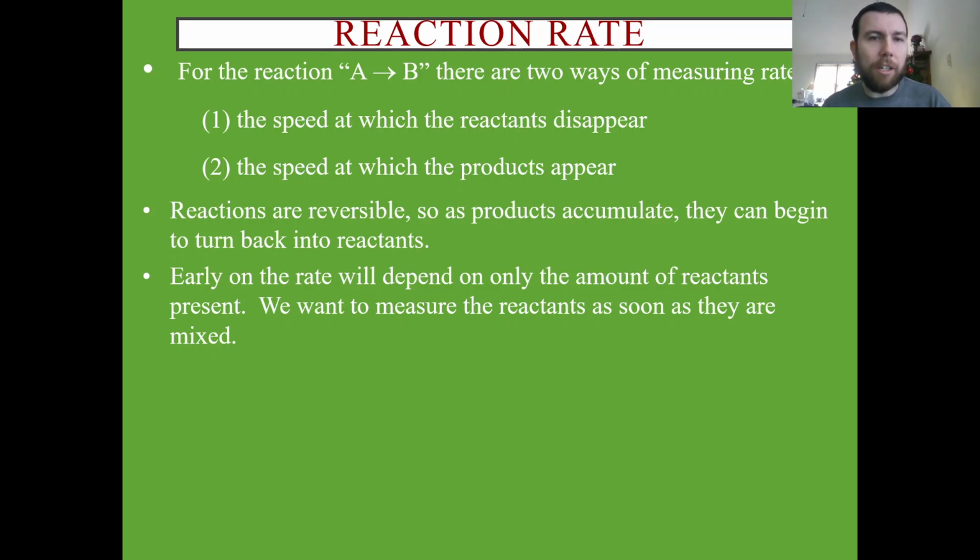Obviously, in this particular process, we've only got one reactant going to one product, so it's a little bit more difficult there. But when you have multiple reactants, it's extremely important that we get a measurement of the reactant information as soon as we mix the vessel, right?